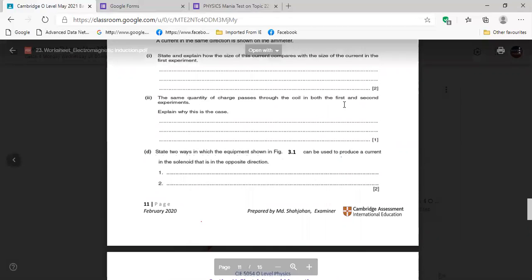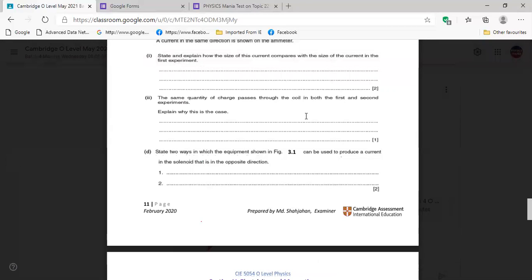Yes, sir. Look here, we have double the time in the first experiment, right? In our second experiment, we have half the time, but the amount of charge is the same. The amount of charge is the same because we are multiplying I and T, isn't it, to get the charge.